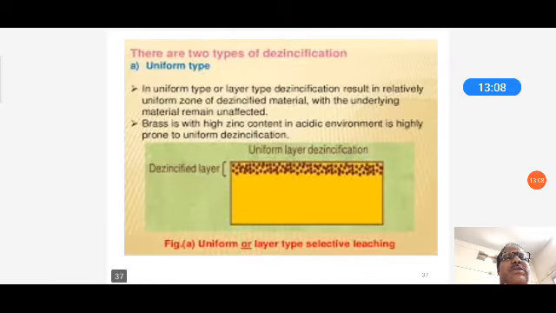There are two types of dezincification. One is the uniform or layer type, which results in a relatively uniform zone of dezincified material, with the underlying material remaining unaffected. Brass with high zinc content in an acidic environment is highly prone to uniform dezincification. The dezincification layer forms on the surface of the metal. This uniform layer dezincification is simply uniform or layer-type selective leaching.